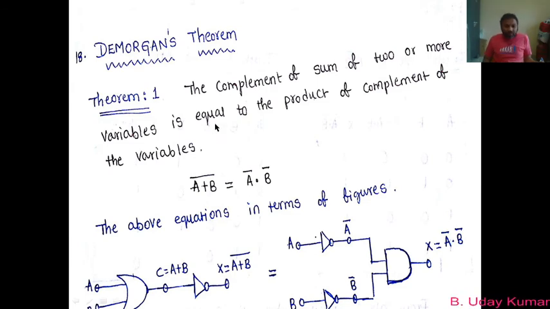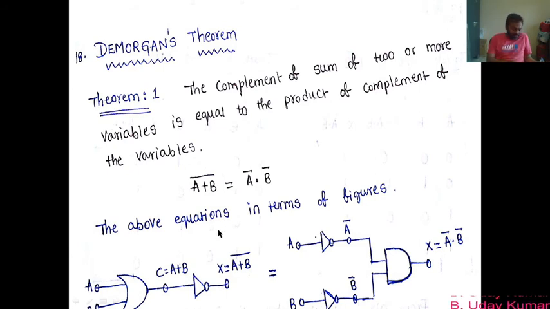Now remember this statement, you should be in a situation to write the statements into their mathematical forms. That is the basic thing that you should be able to do. Once you can effectively convert this statement into this mathematical expression, automatically the proof of De Morgan's theorem, first theorem or second theorem, whatever it may be, will be very easy.